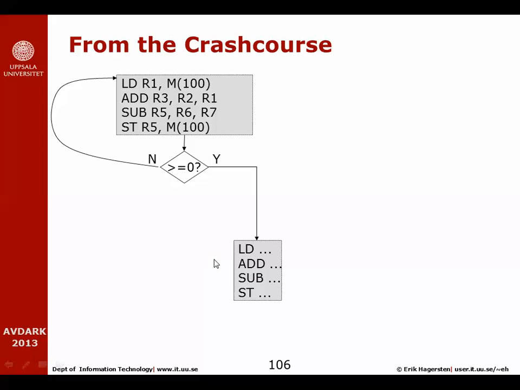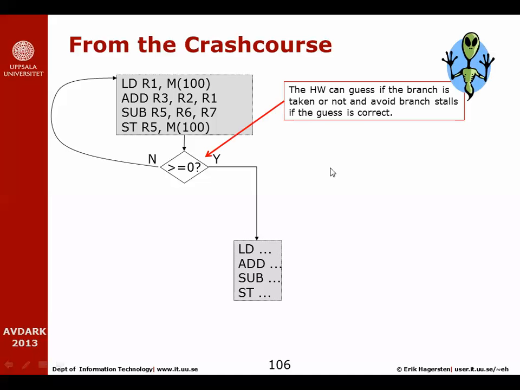This is what I told you in the crash course, the very first lecture about computer architecture. If you have a piece of code like this, where you have a branch, and you don't know whether the branch is going to be taken or not, you cannot start to work on the next instruction. But if you employ a green little man that can make that guess for you, and it's a good green man that makes an accurate prediction, we can trust it.